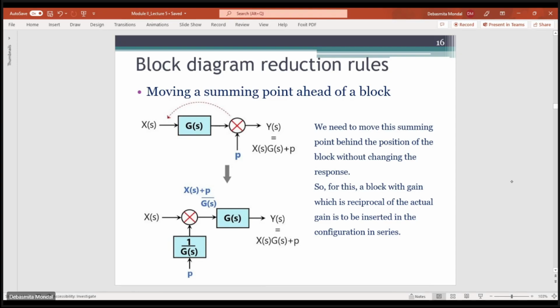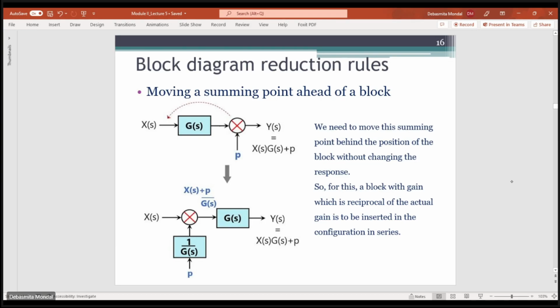But in the output, we have only P. So if we want to keep the output constant, we have to multiply P with 1 by G(s) beforehand, such that after the signal passes through this block, the output still remains P. So if you are moving a summing point ahead of a block, you have to multiply it with a block whose gain is the reciprocal of the actual gain of the block before which it is taken.